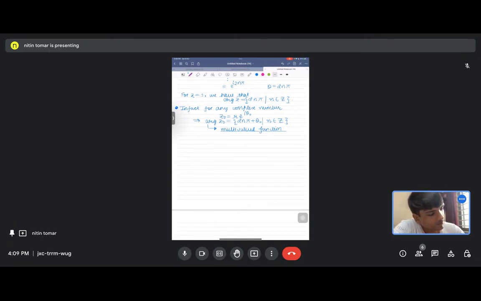Now let us, before starting with complex logarithm, we need to study complex exponential function, and you should know the reason why. So I am just giving you some review of argument function and exponential function before going into the study of logarithmic function.